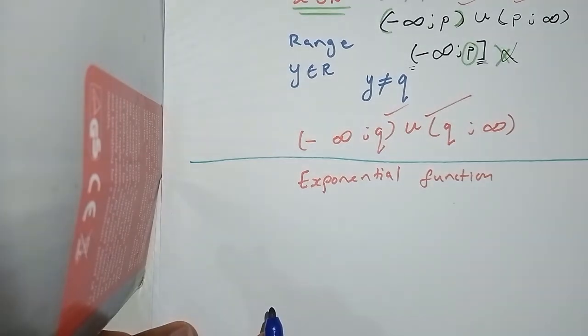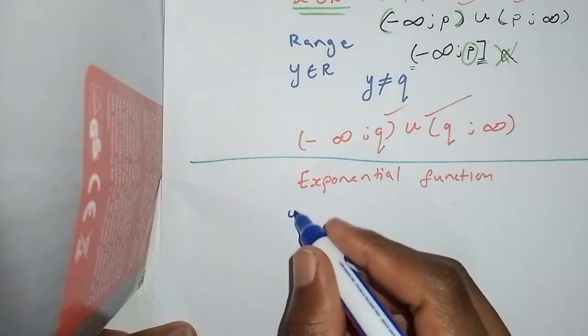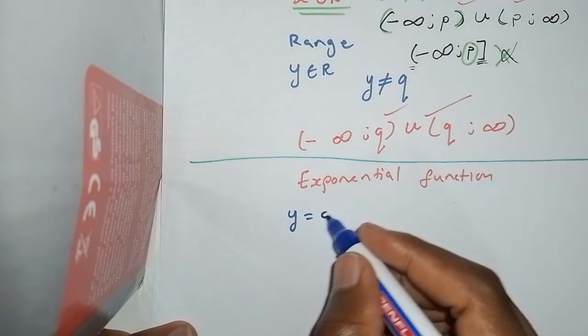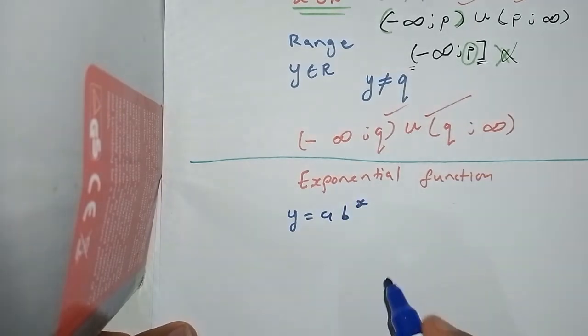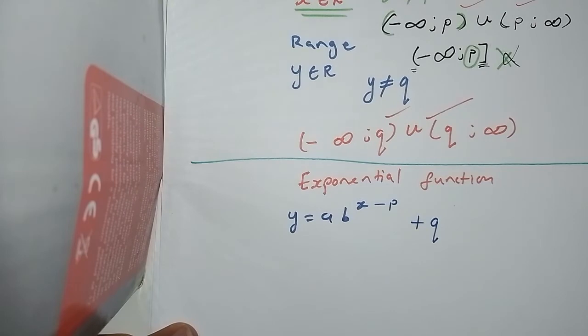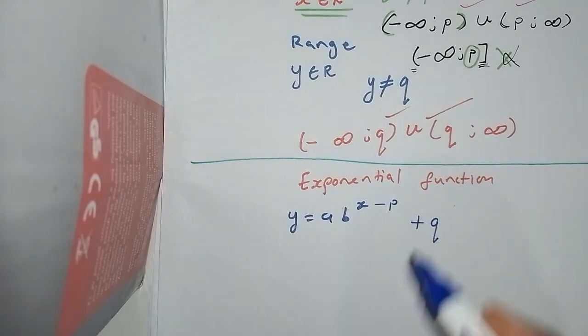From the basics, we have our basic formula that says y equals ab^(x minus p) plus q. What is p? What is q from my graph?